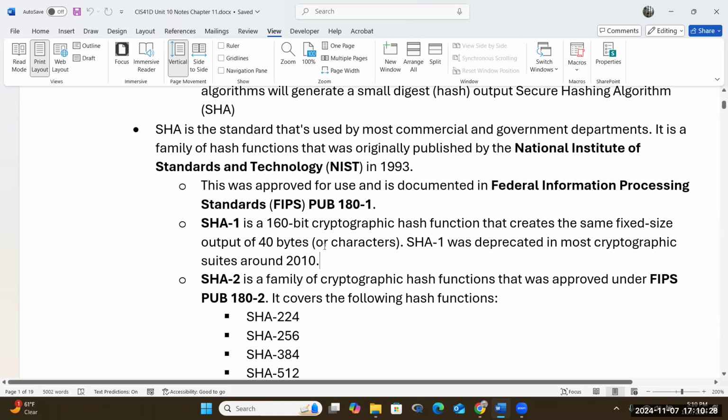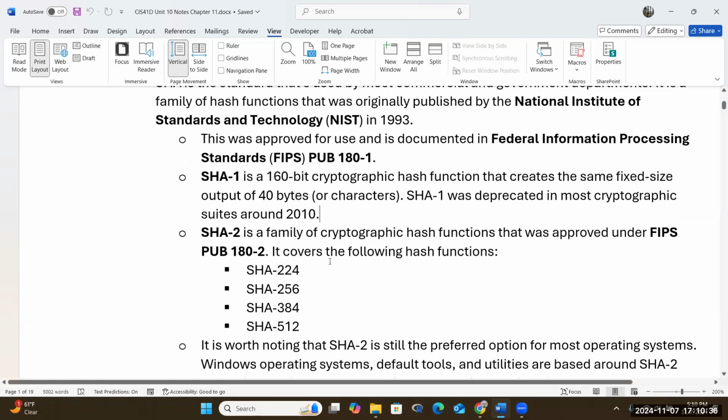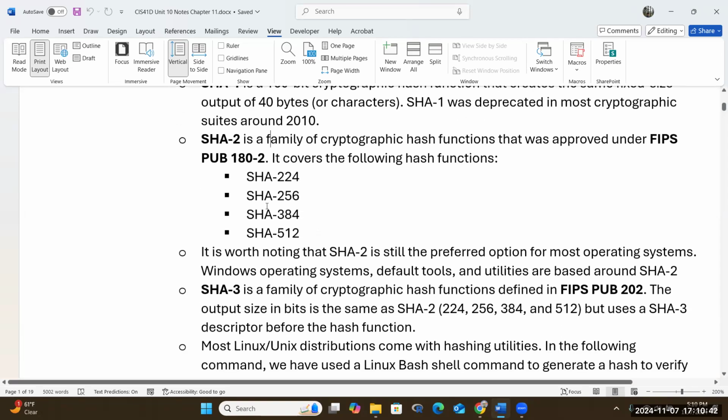It's not like it went away, but this was around 2010. So it's fairly recent for the hash algorithm, and then eventually got updated to SHA version 2. And under version 2, we're going to use SHA-512 today.